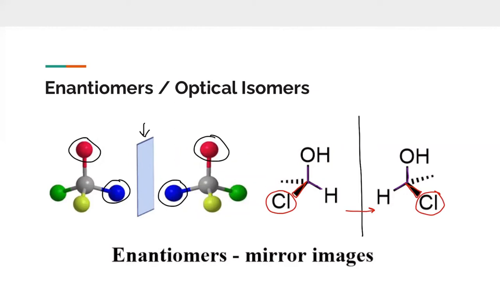And lastly, this dash right here indicates that the bond is going behind the page. So in this case, if you remember from the last video, if there's no atom attached to the dash, we generally assume it's a methyl group. But it always is good practice to write these in. So as you can see, if both of these are sticking behind the page, they again are mirror images of each other.